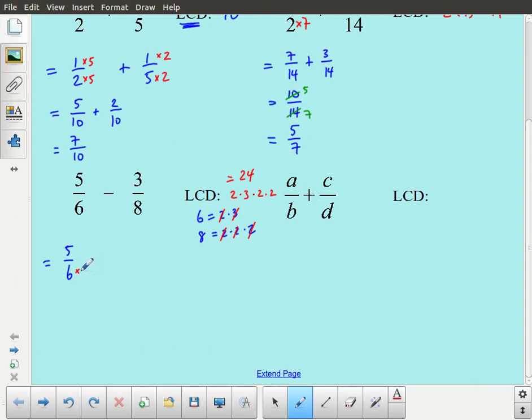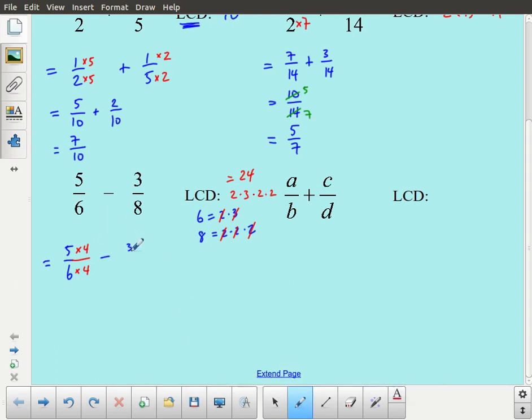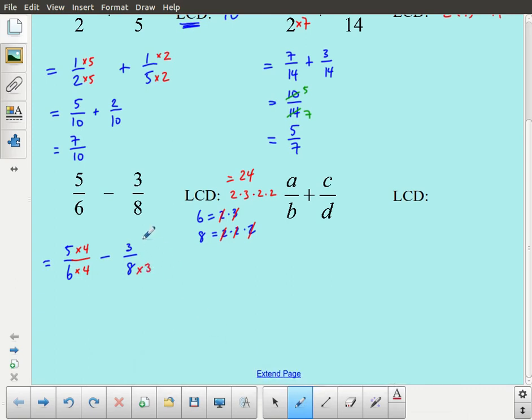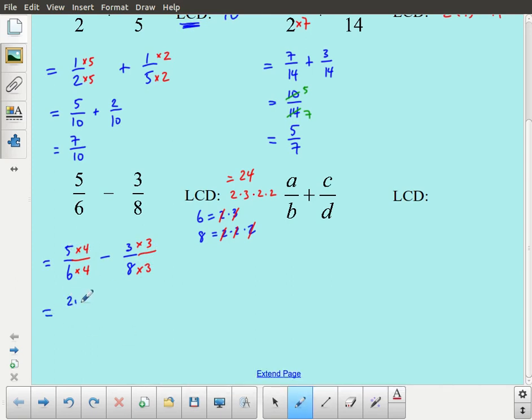I need to multiply the denominator by 4, which means I have to multiply the numerator by 4, minus 3 over 8, and I have to multiply the denominator by 3 and the numerator by 3. 5 times 4 gives me 20, and this is now over 24, minus 9 over 24. 20 minus 9 is equal to 11 over 24. There are no common factors between 11 and 24, so I'm done.